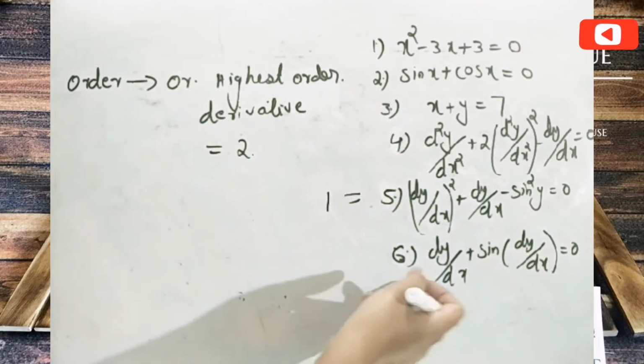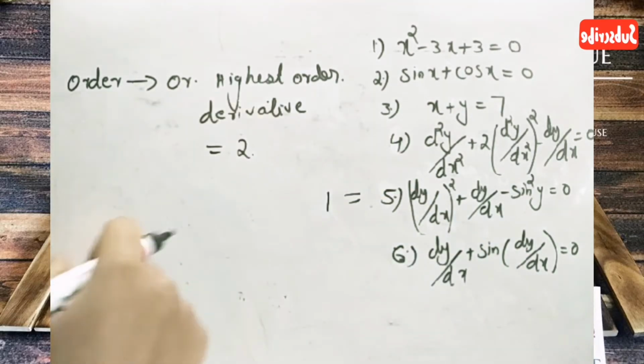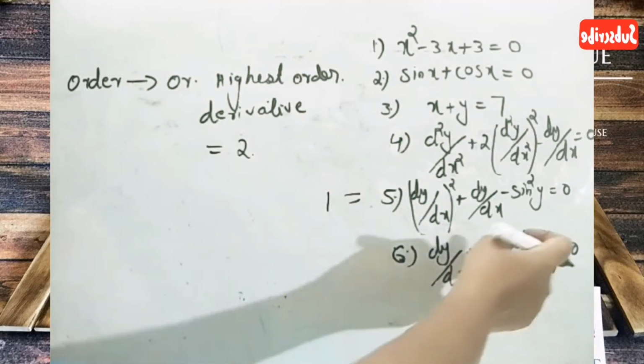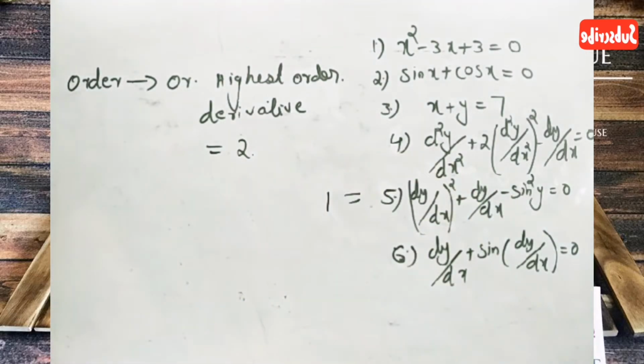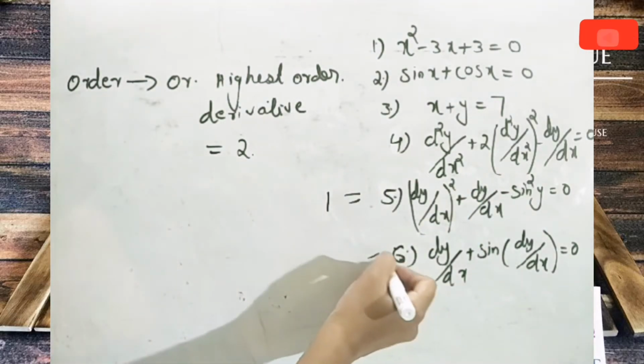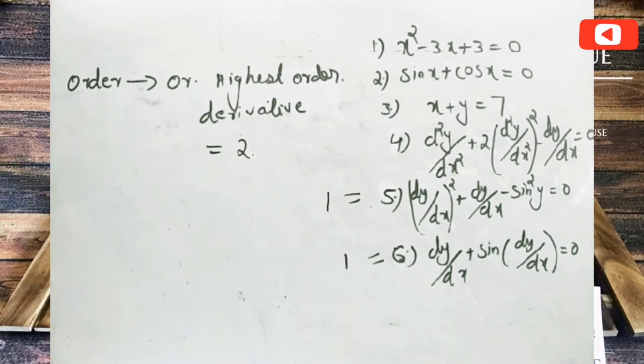Now, the sixth equation. dy/dx is a first order derivative. Again dy/dx is also a first order derivative. So the order of the sixth equation is also 1. Order means the order of the highest order derivative.